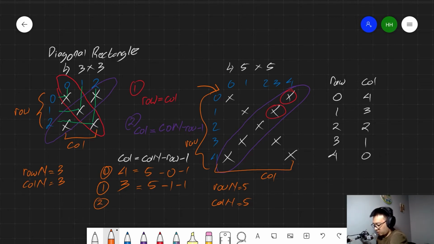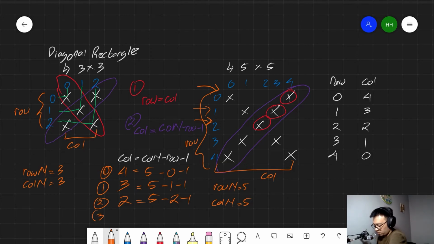And again, the next one, your column n is 5 and your row is 2. Row 2 minus 1, so 5 minus 3, you got 2, so that's why you print x in column 2.